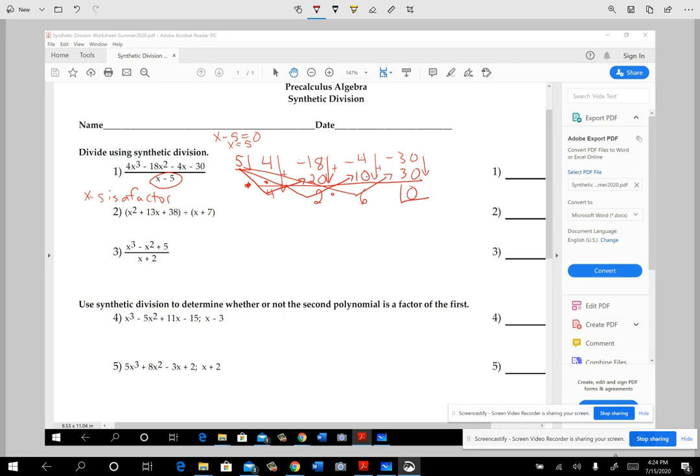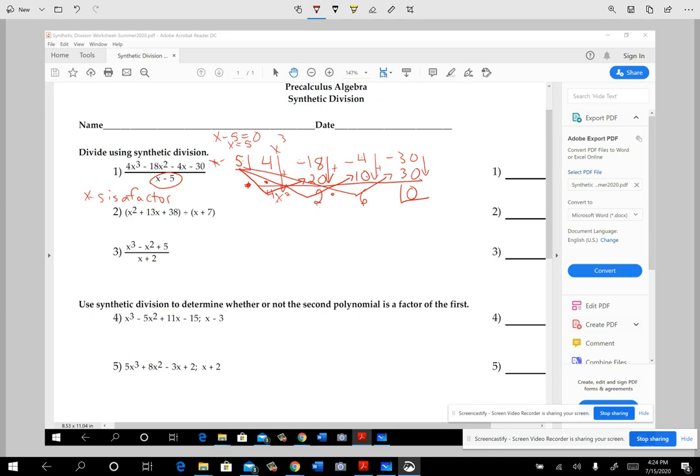And then, you were dividing a polynomial that was to the third power by a polynomial that was to the first power, that was x minus 5. So this is going to be a polynomial to the second power. Another way to think about it is this was the remainder, so this is a constant, which means this is an x, which means this is an x squared.